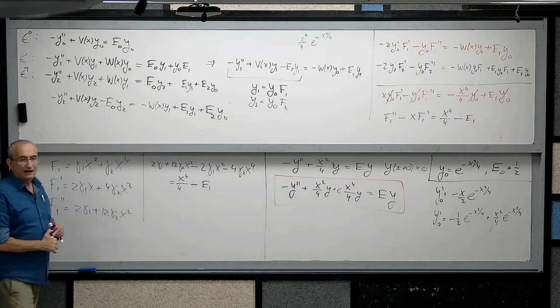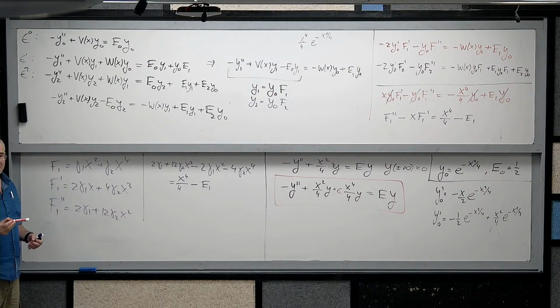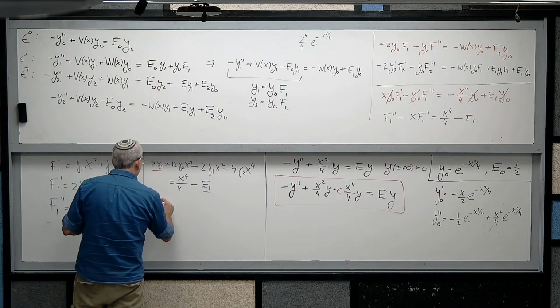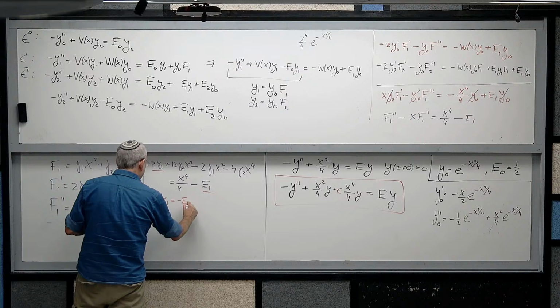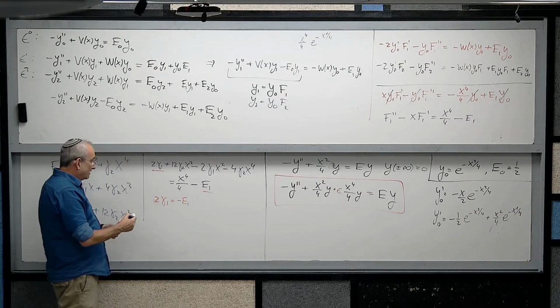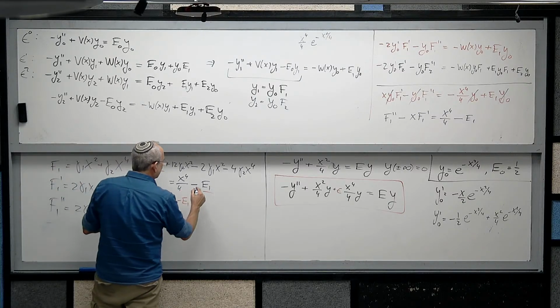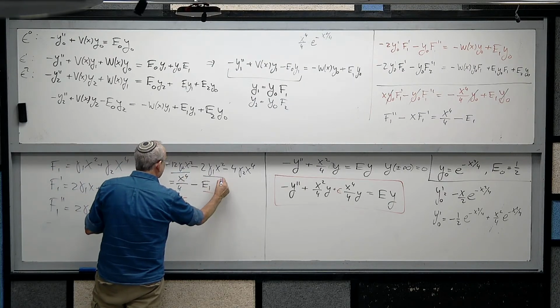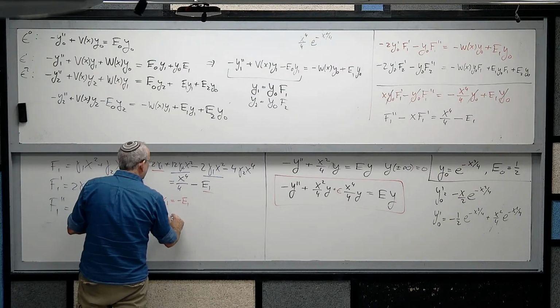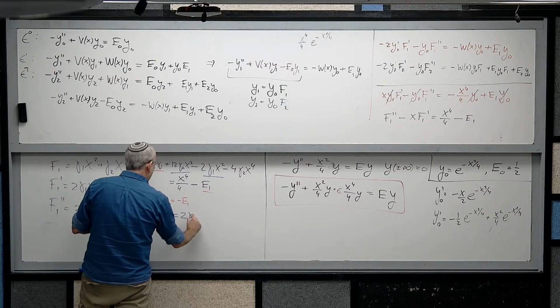Good. And now I can take care of this equation order by order in x. So I will find that 2 gamma 1 is minus E1. Right? I will find that 12 gamma 2 must be equal to 2 gamma 1.